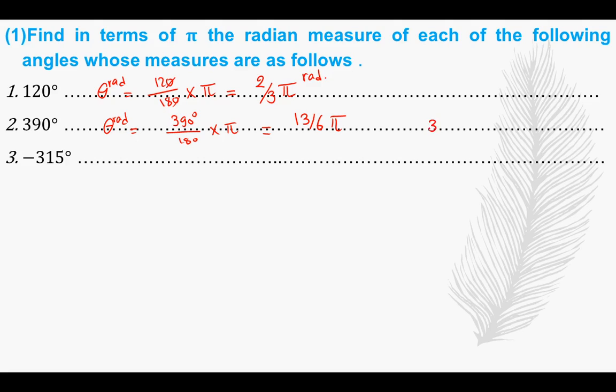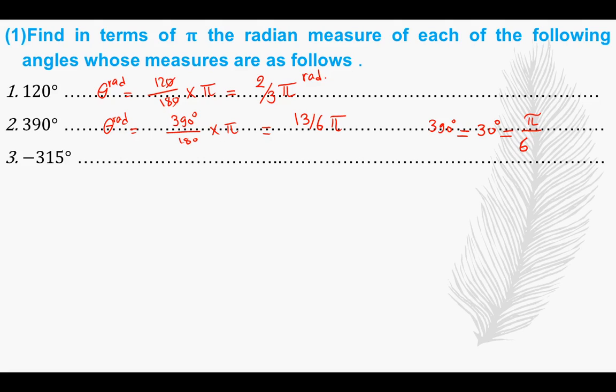It is an angle bigger than 360, so subtracting 360 gives an angle equal to 30 degrees. So 390 degrees is equivalent to an angle of measure 30, whose radian measure is pi over 6. You can convert 30 the same way: 30 over 180 multiplied by pi equals pi over 6. So 390 is equivalent to 13 over 6 pi, or to an angle of measure pi over 6.